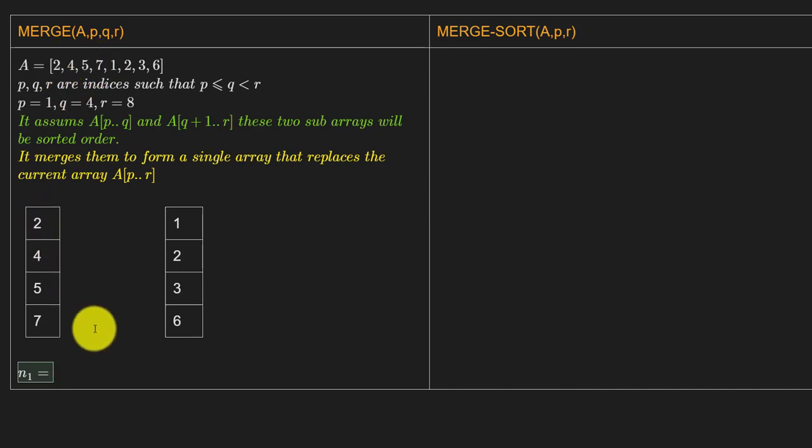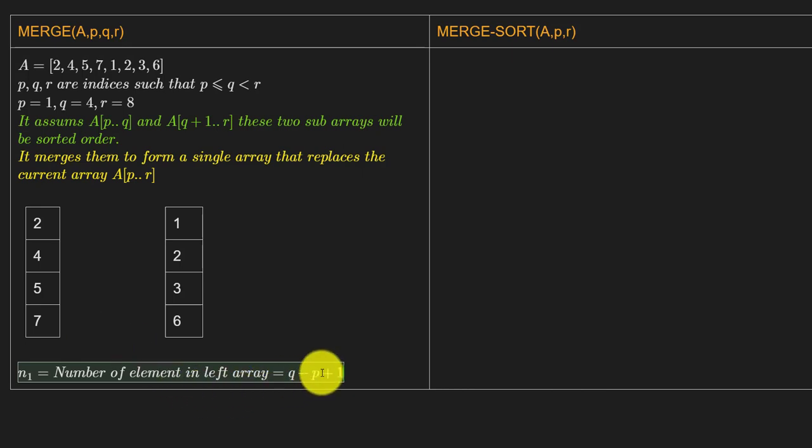So n1 equals the number of elements in the left array, which is nothing but q minus p plus 1.